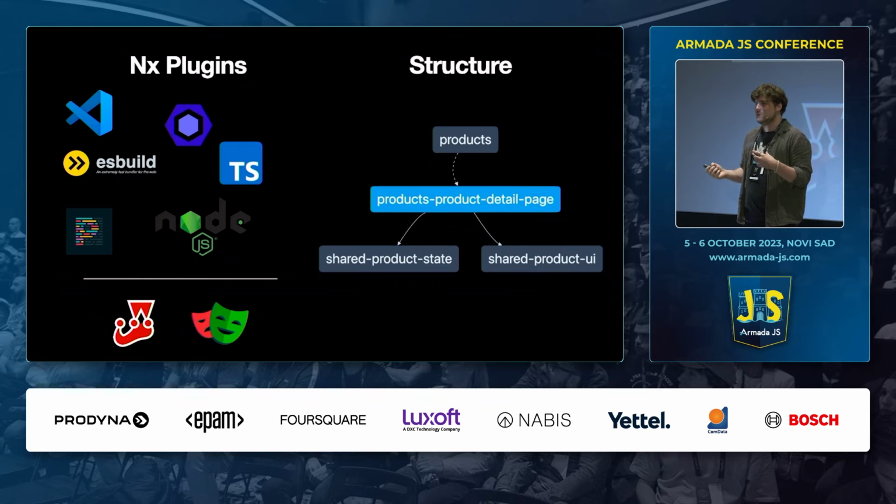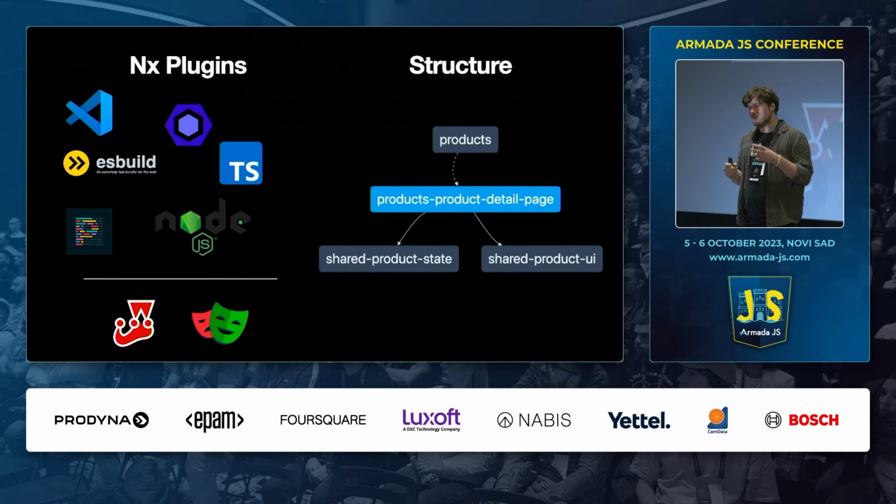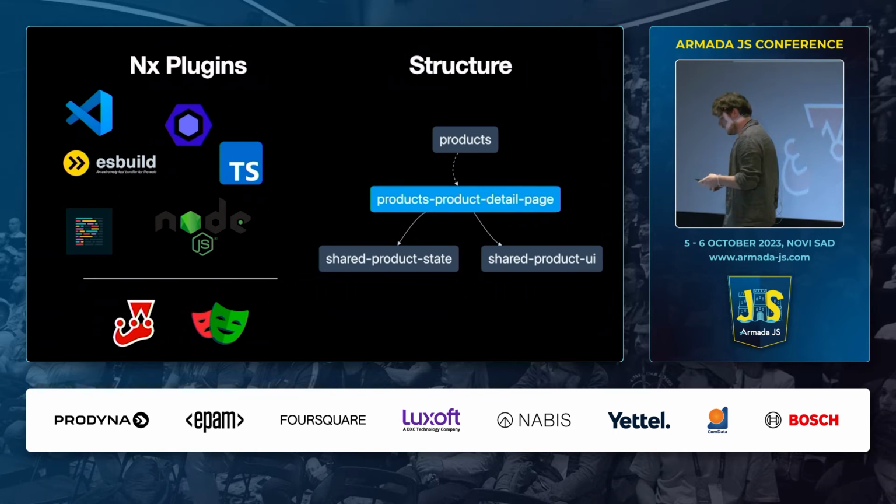So I need some way to make sure that it's maintainable and scalable, because I'm not going to keep track of a 2,000-line function. So with NX, you can modularize your code. You can break certain pieces out into well-defined structured libraries, and then NX can help you visualize those, as you see on the left, and then also run a lot of optimization so your code remains fast at scale. All right, so that's a quick NX intro.